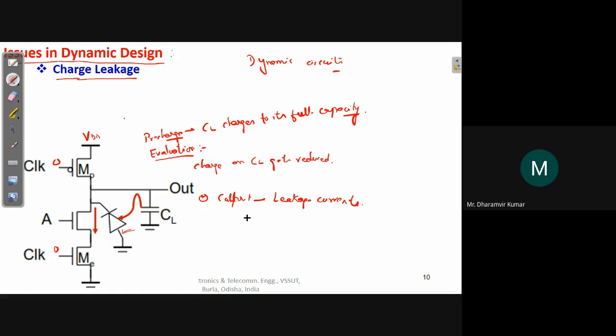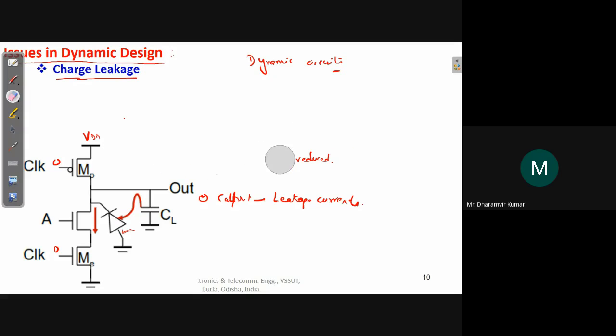We don't want this to happen, because in some cases it may be significant enough. In cases where the threshold voltage of the devices is low, it can be very critical. So this is one problem, called charge leakage.